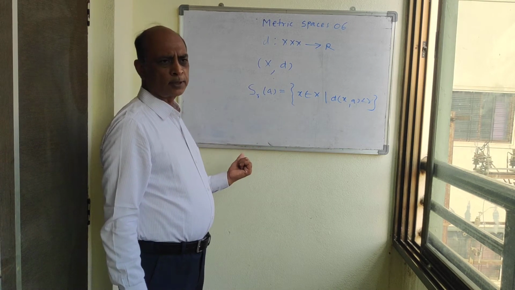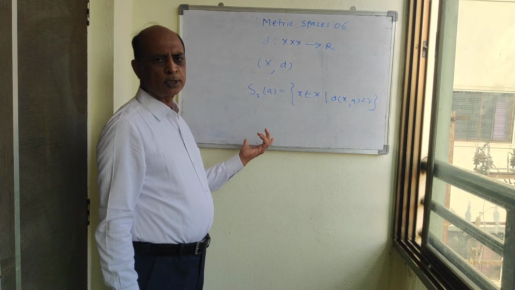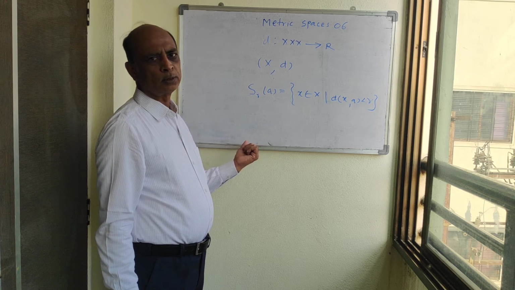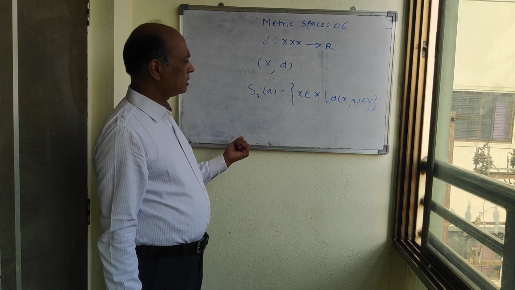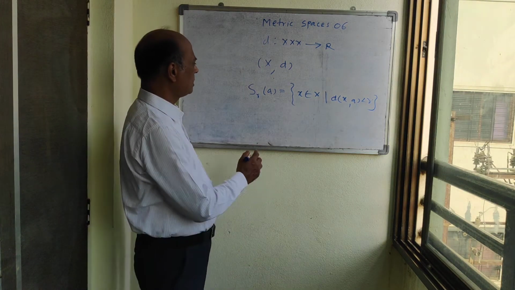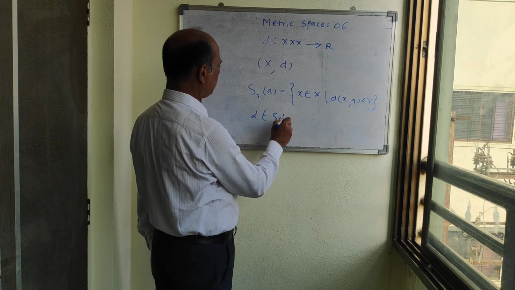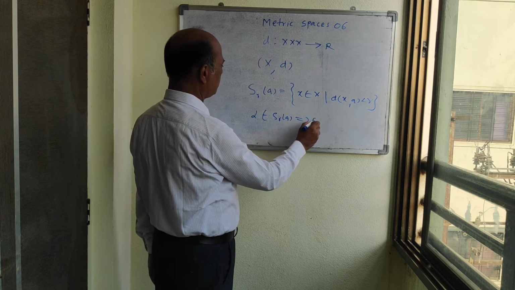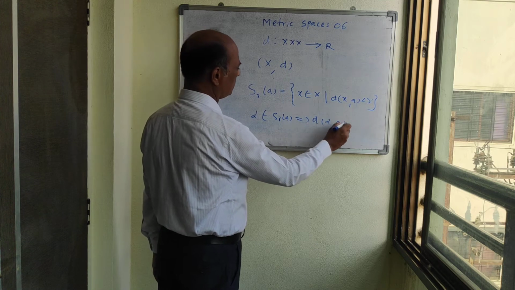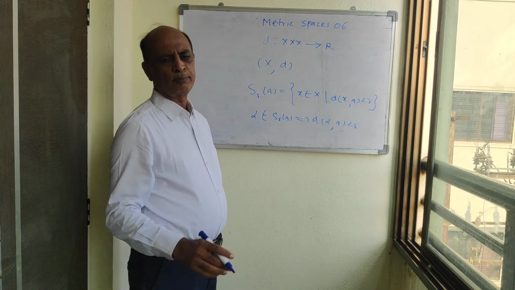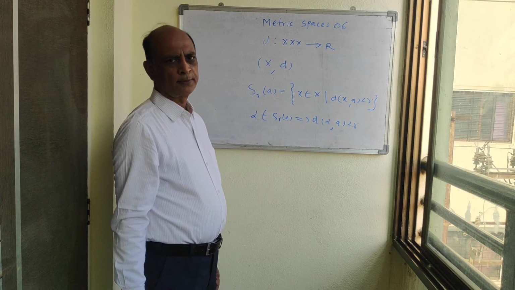In some theorems, this concept of open spheres will be more useful, so we must know this. Suppose we take one example. Suppose alpha belongs to this S_R of A, then what will happen? Which implies that D of alpha A is less than R. This step we have to do in some next theorems.